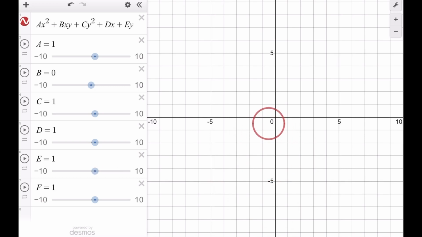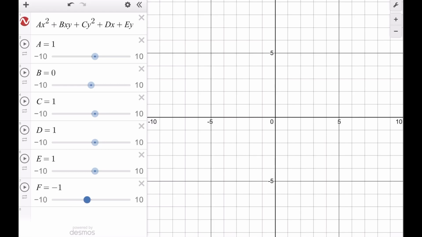And I'll set it down. And then this F, if I do F, notice here what it's controlling is in this case, the radius. If I go negative in this case, I actually don't have a graph. I could zoom out and search around. There is no graph right here.